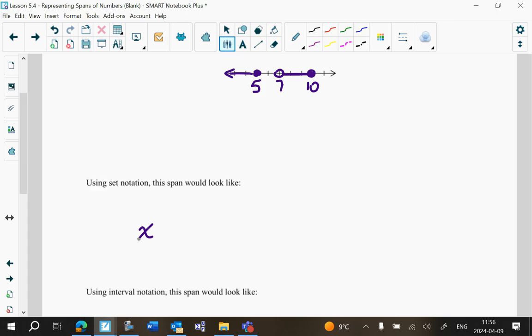Less than or equal to. And how would I write this one? 7 less than x, less than or equal to 10.